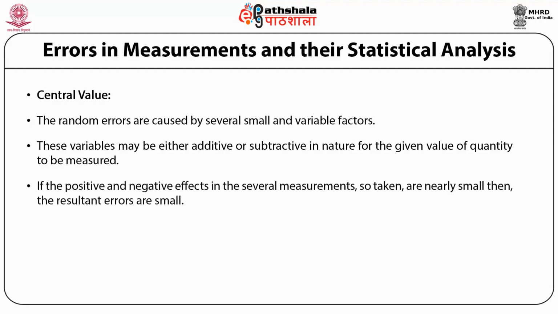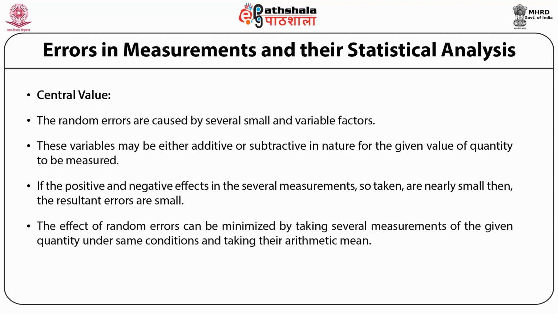If the positive and negative effects in the several measurements so taken are nearly small, then the resultant errors are small. If we have taken a large number of samples and the plus effects are equal to the negative effects, they shall cancel each other and we would obtain the scatter around a central value.